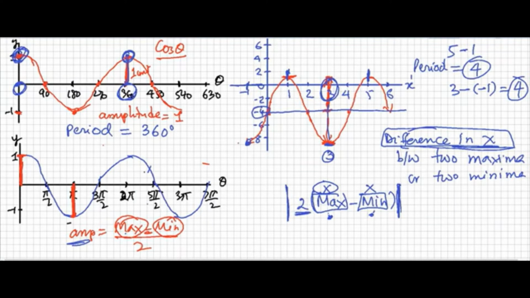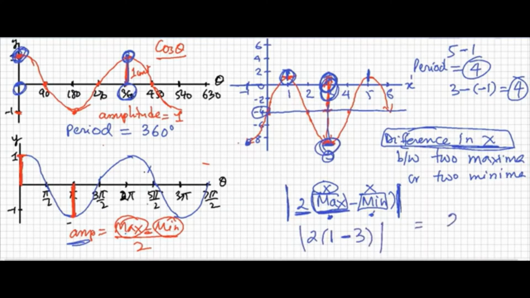So let's do it here. 3 is minimum and at 1 it is maximum. So we will write 2 times, at what point is it maximum? At 1 it is maximum. When it is minimum, it is at 3. And absolute.